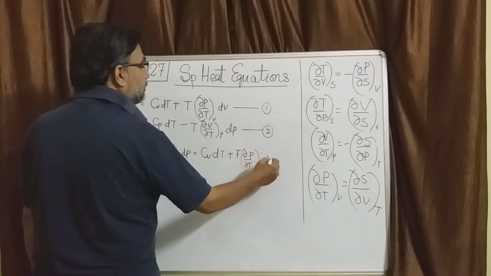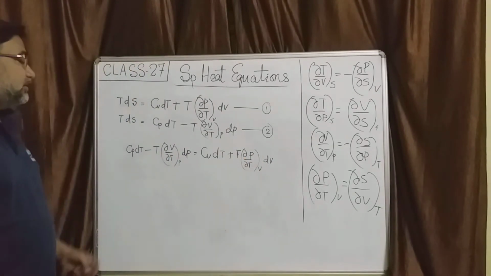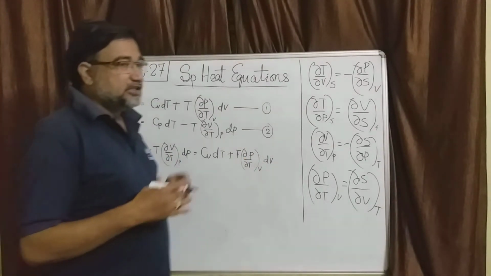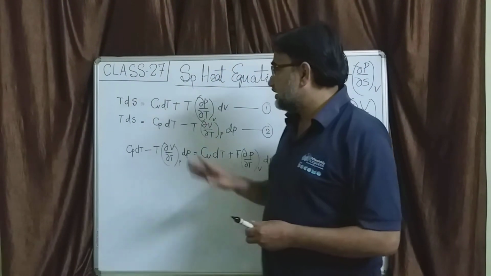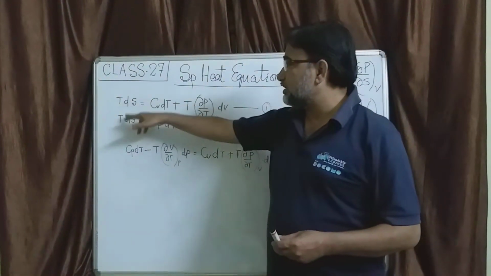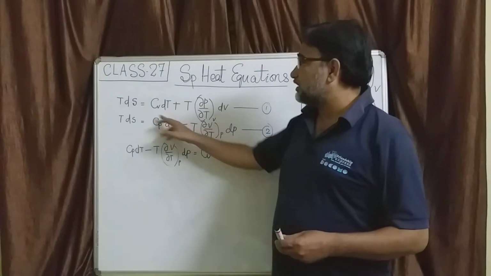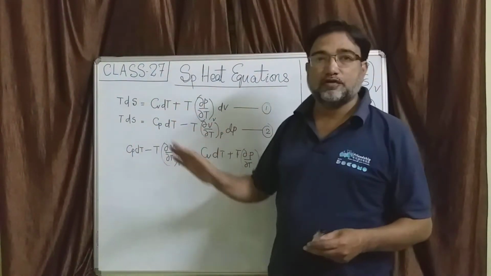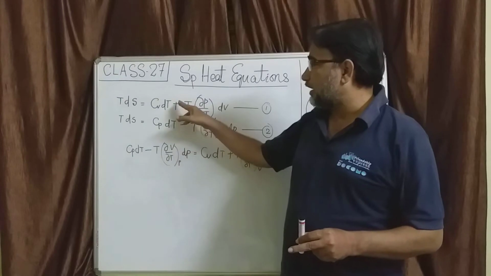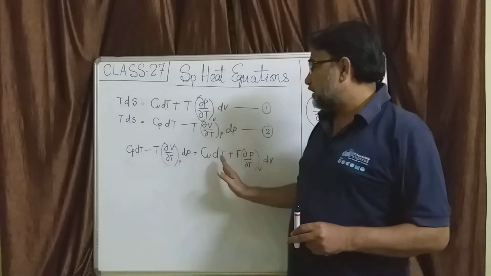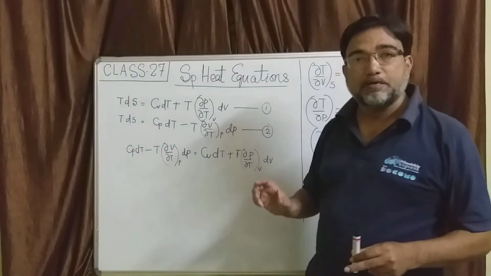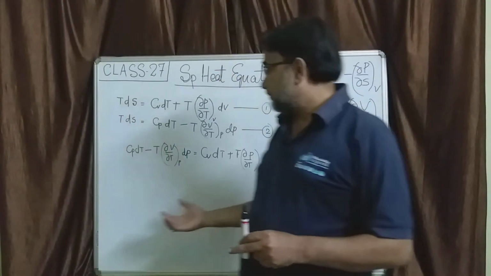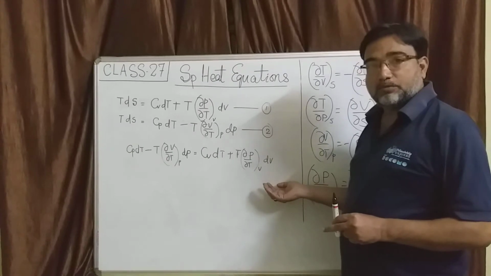So what I am trying to do actually is, I want to find out an expression for Cp minus Cv from TdS equations. This is TdS, so the right hand side of the first equation and right hand side of the second equation are same. Therefore I could write this is equal to this, and if I bring Cv to the left hand side, then I can get a term Cp minus Cv in the left hand side and the equivalent term in the right hand side.